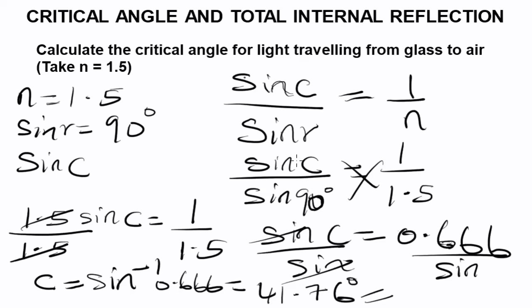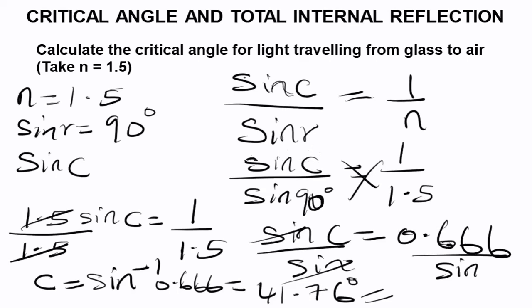Again, note that there are 2 main conditions necessary for total internal reflection to occur. 1, light must travel from a denser to a less dense medium. 2, the angle of incidence in the denser medium must be greater than the critical angle. These are the 2 necessary conditions for total internal reflection to occur.